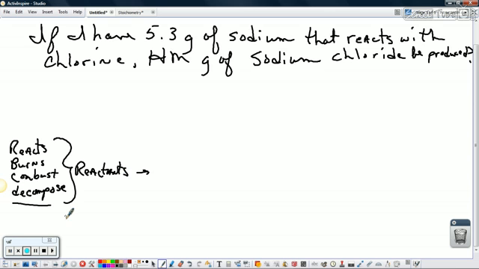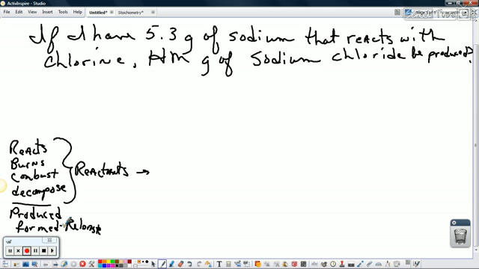The other words you're looking for are produced, formed, released, things that would indicate that you have something produced. And produced would be products. If it's released, it's produced. Otherwise, it wouldn't be available at the end of the reaction to be released.